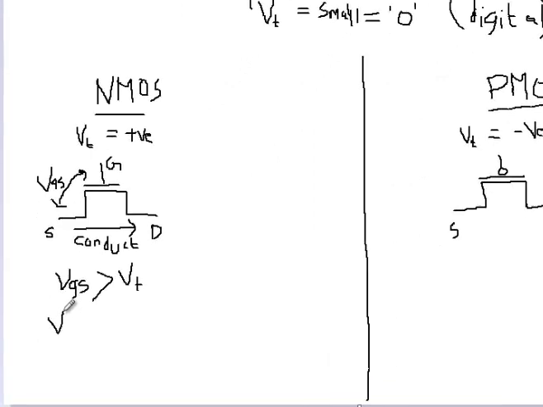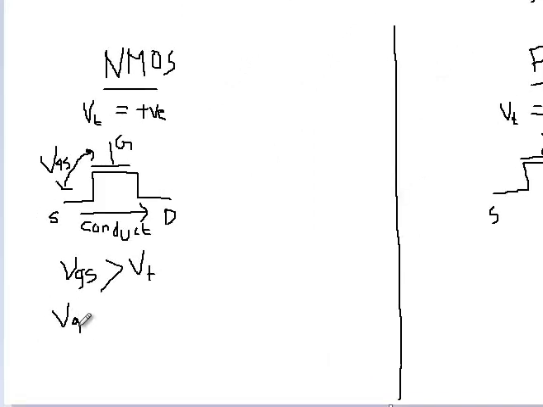So what we'll write over here is, when VGS is greater than 0, your NMOS will conduct, or your switch will be closed and it will look like a resistor.